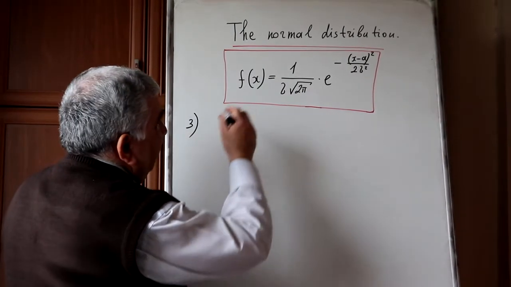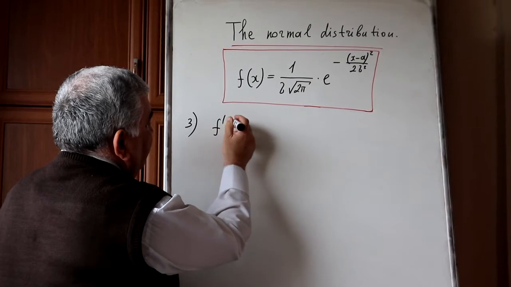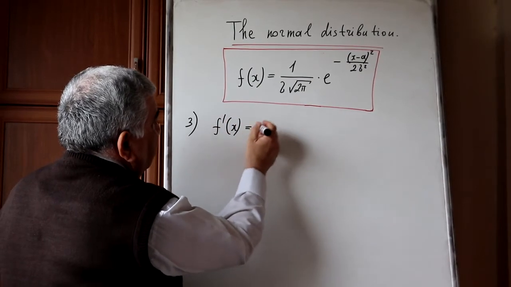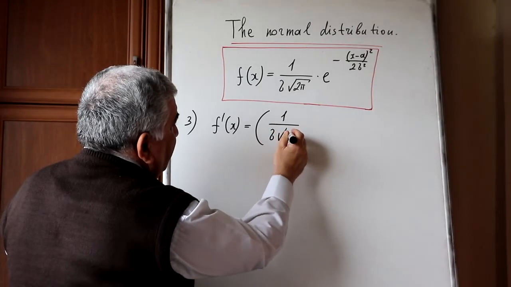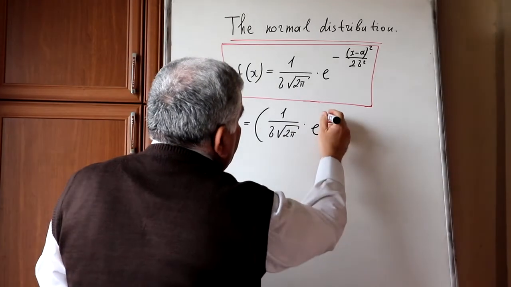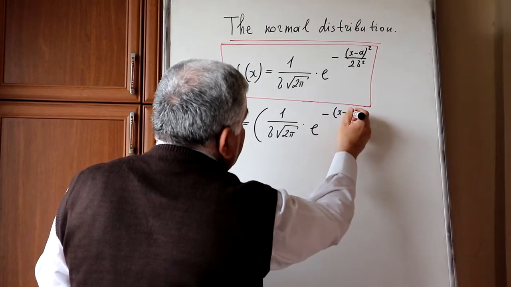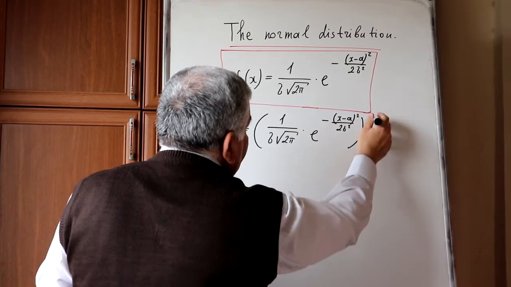First find the derivative of this function. f prime of x equals 1 over sigma multiplied by square root of 2 pi multiplied by e raised to minus x minus a squared over 2 sigma squared prime.